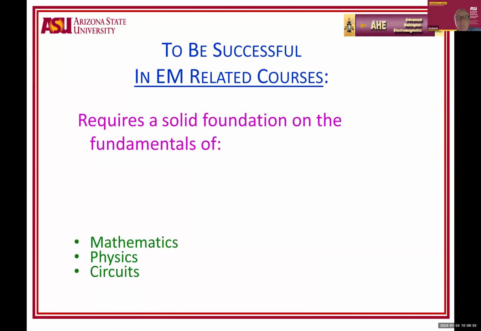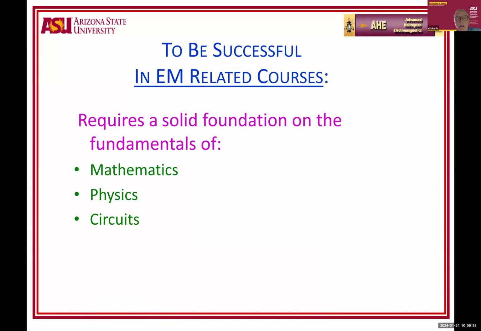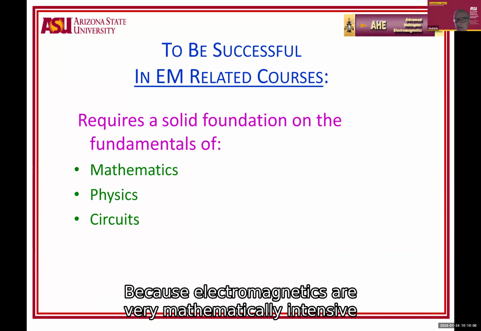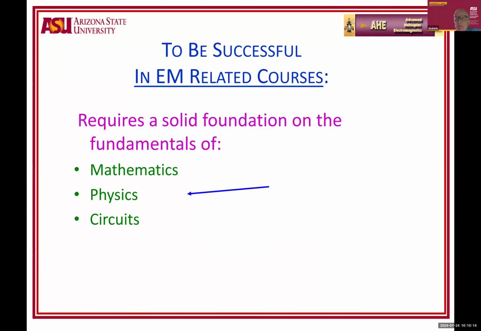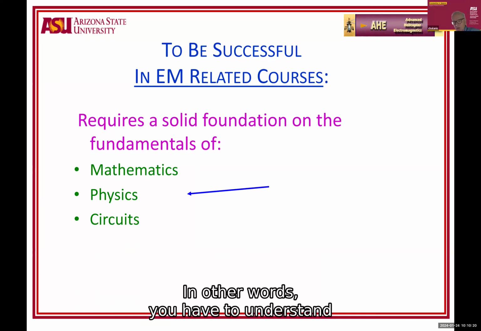the following: mathematics, physics, circuits, and we'll talk about in a few minutes which courses in particular, because electromagnetics is very mathematically intensive, as we showed Maxwell's equation in integral form, differential form. In other words, you have to understand vector analysis, need vector analysis.